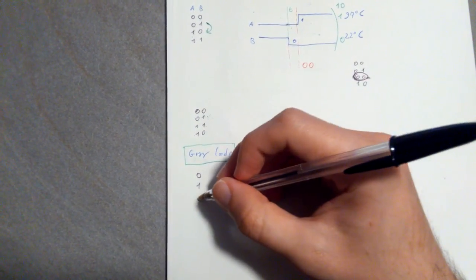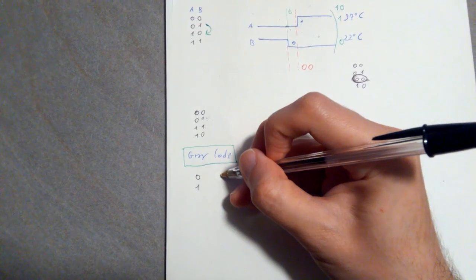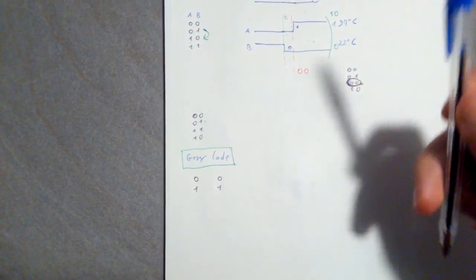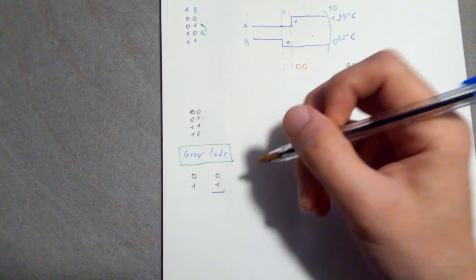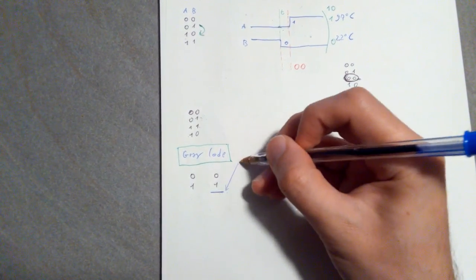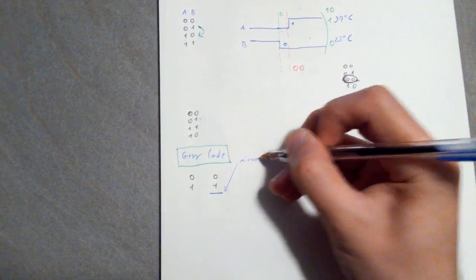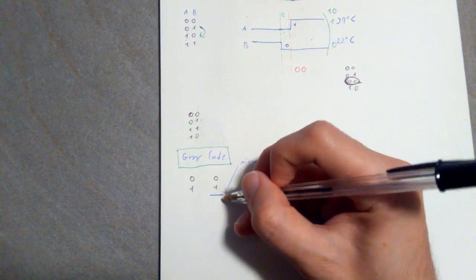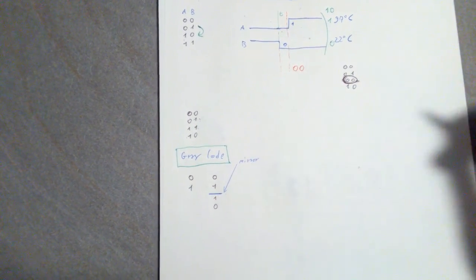This is your starting point. Then you rewrite 0, 1, and you put here a mirror. This is just a mirror. And it's a mirror, so you have 1, 0.